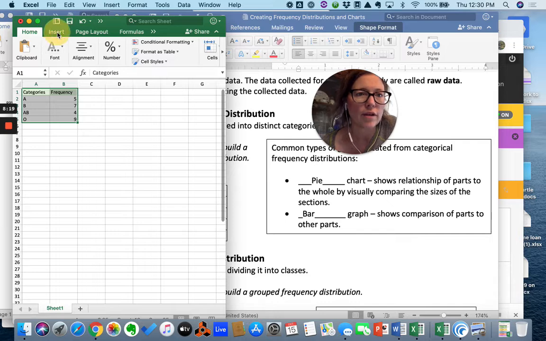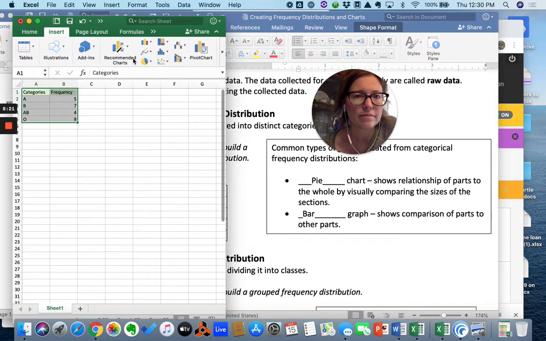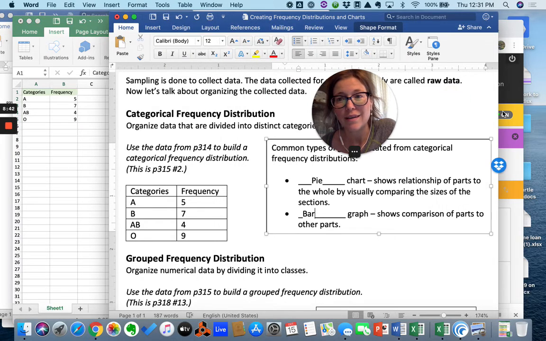And I go to insert again. Well, what I wanted to show you wasn't happening. If I make it too small, for some reason, you might not see what you need up here. The smaller your screen is, the more things are put into submenus, and you have to like pull it down.